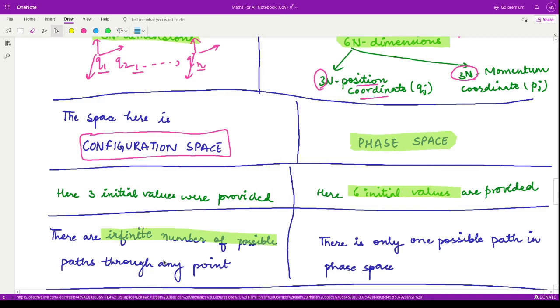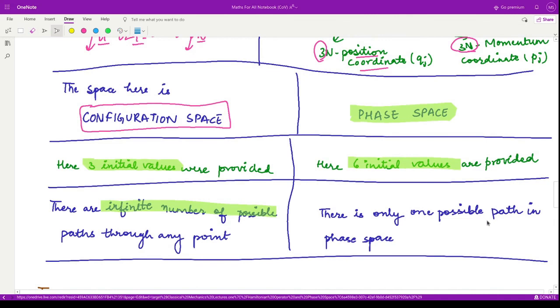Why was this the case? Because initially we only had 3n values to define the system. So in configuration space the system is not completely defined using these 3n coordinates, whereas in phase space we can completely define the state of any system.